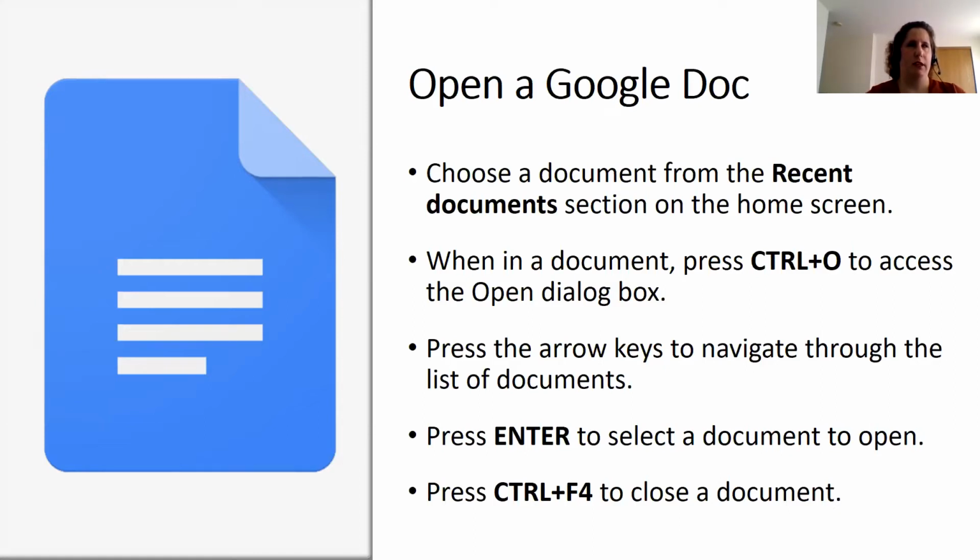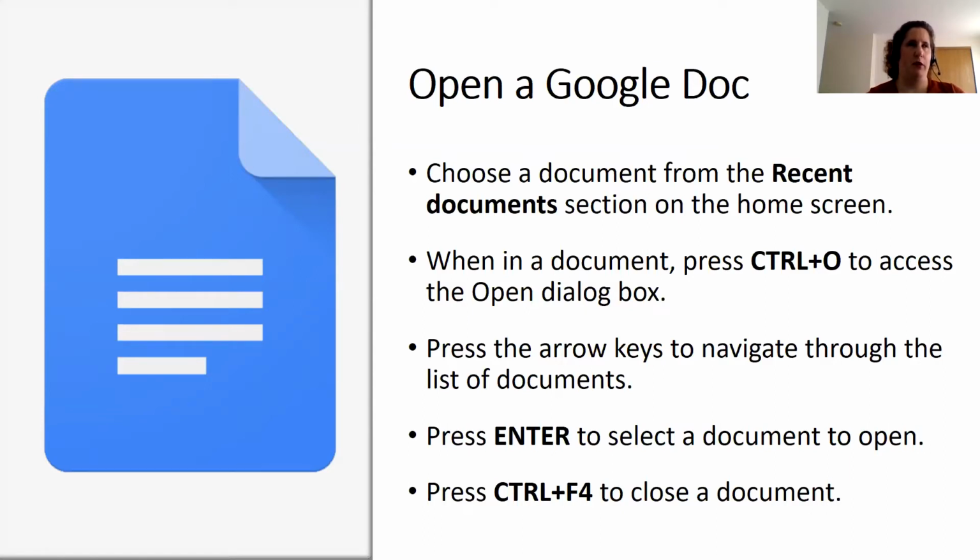Control-O, Oscar, to access the open dialog box. And one thing I really do like about Docs is that when you do that, you have that list of files right there. You don't have to tab around and find it. And you can, once again, arrow to the desired document and press enter. And then you can just navigate the document as you would in any other word processor.